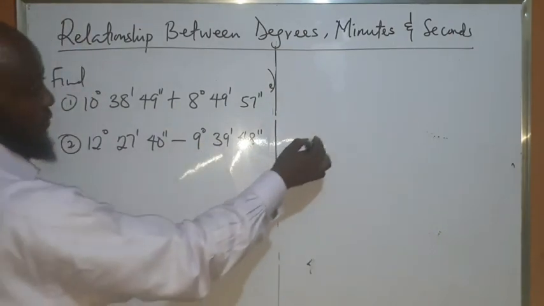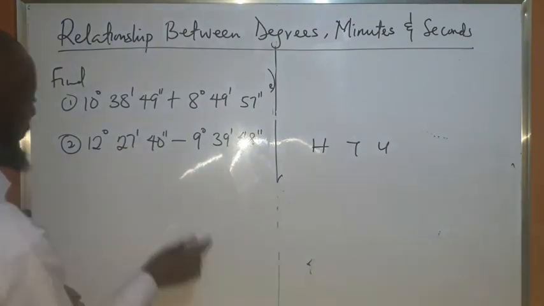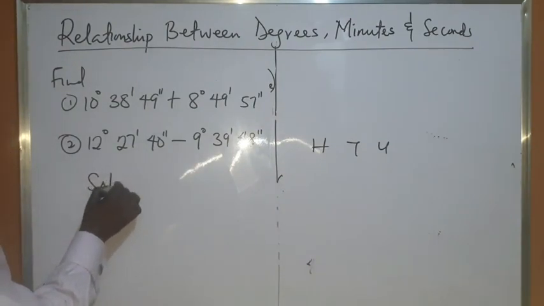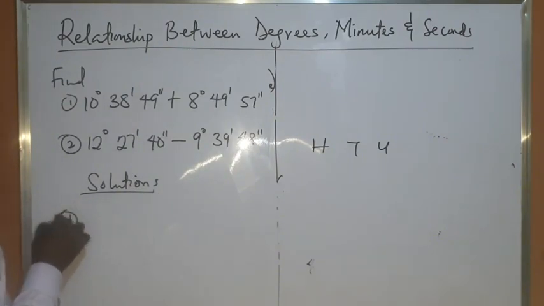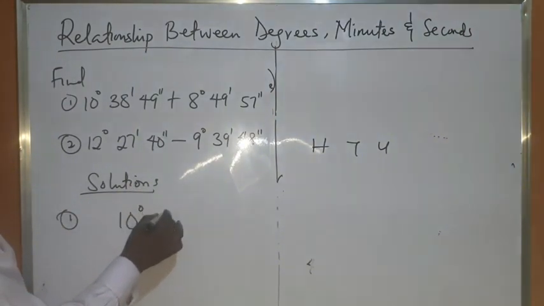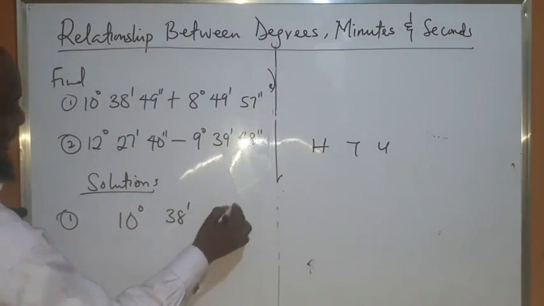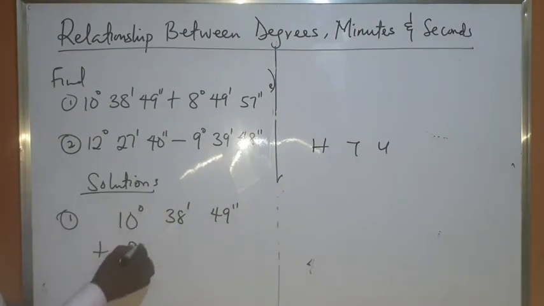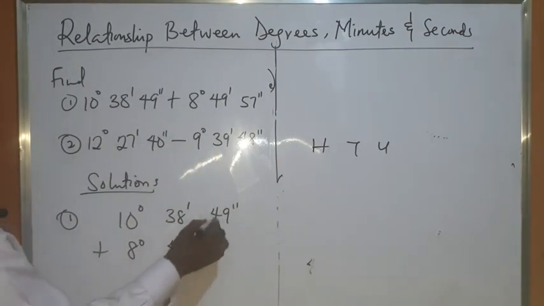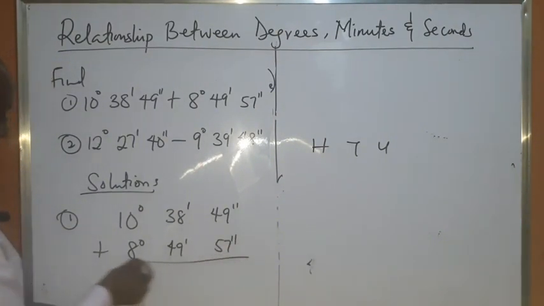Just like you have hundreds, tens and units, the same way we do that. So for this one, we're going to have these solutions. The first one, we have 10 degrees 38 minutes 49 seconds. So it is addition. We put degrees under degrees, minutes under minutes, and seconds under seconds. So we add everything together.